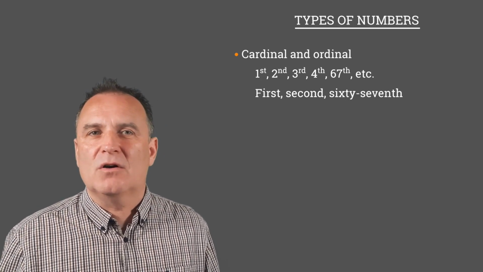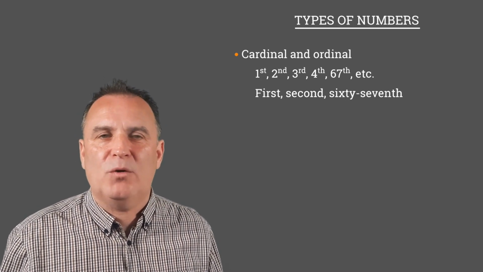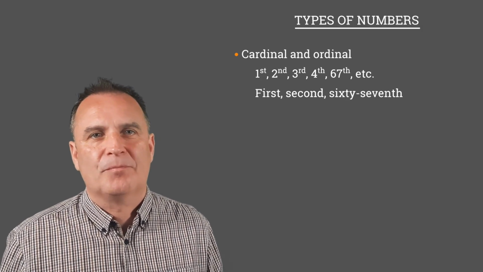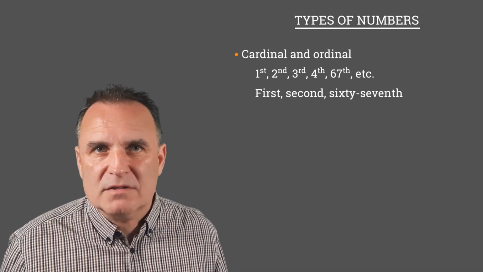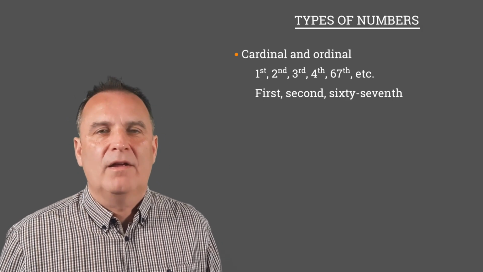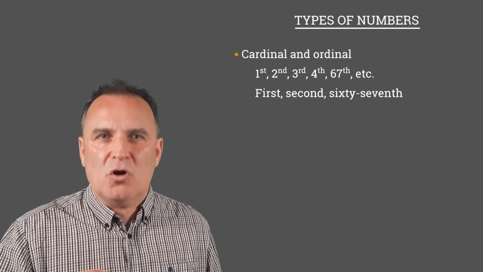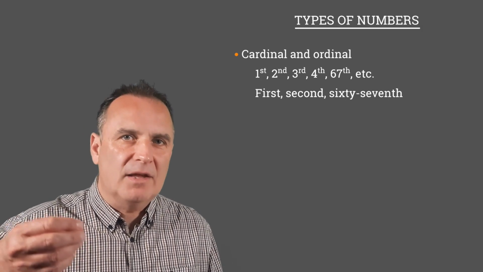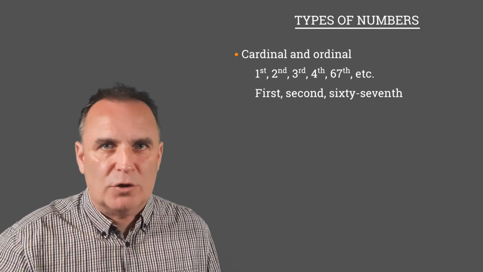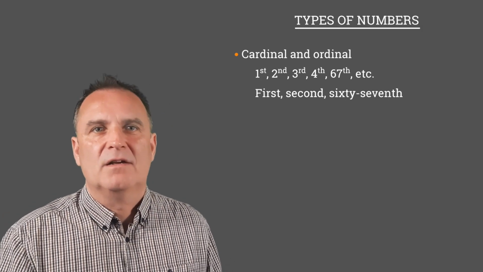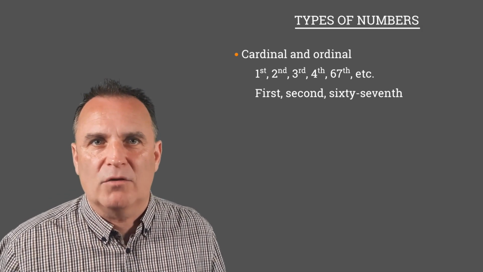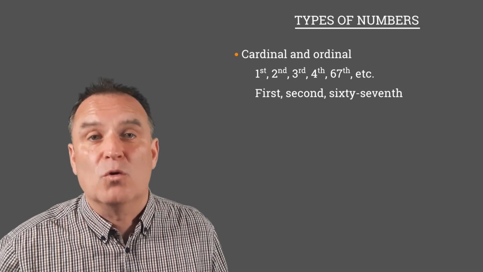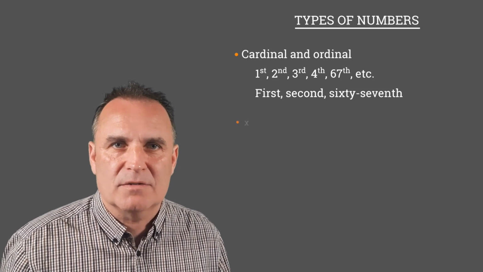Now these ordinal numbers can be quite difficult to spell, and the cardinal numbers too, by the way. But because the ordinal numbers are so difficult to spell, in one of the other videos, we look at all the spelling of these words, and that also covers the spelling of the ordinal numbers and the cardinal numbers.